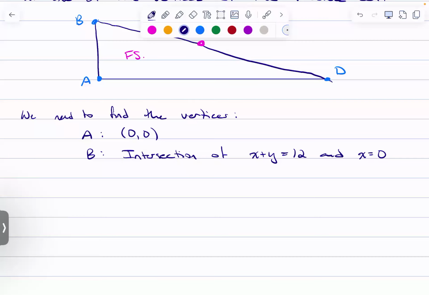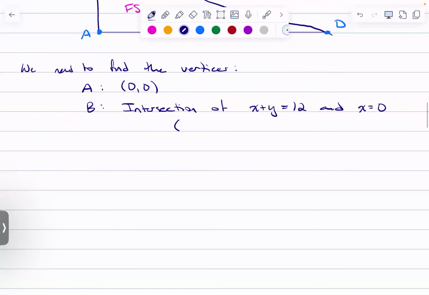If I force x to be 0 here, 0 plus y is equal to 12, then I know that B must be at x is 0 and y is 12. So then B is at 0, 12.